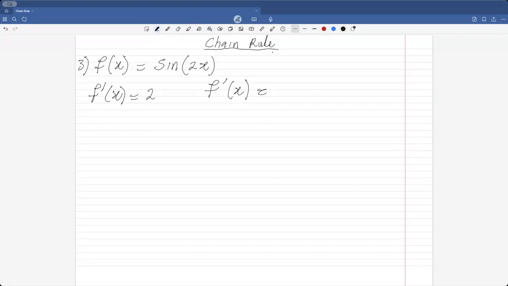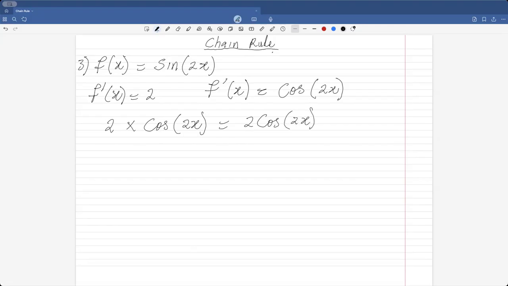It is important to keep in mind that the derivative of sine is cos. So we have to write cos 2x. So that is the derivative of sine 2x. So let's go over that by saying 2 multiplied by cos 2x is nothing but 2 cos 2x. And that's the final answer for this problem.